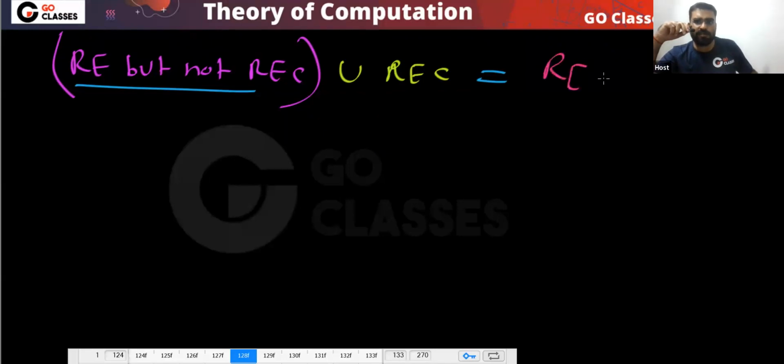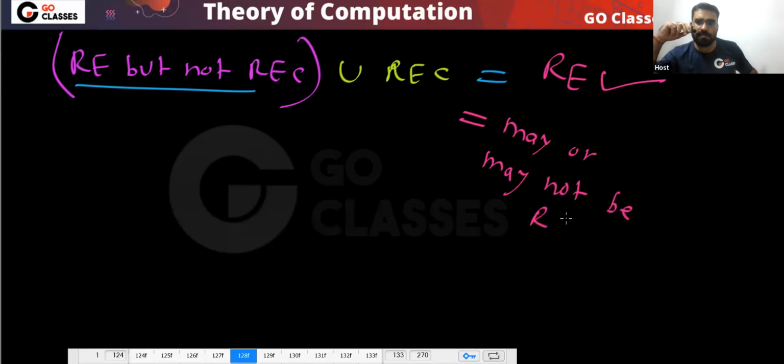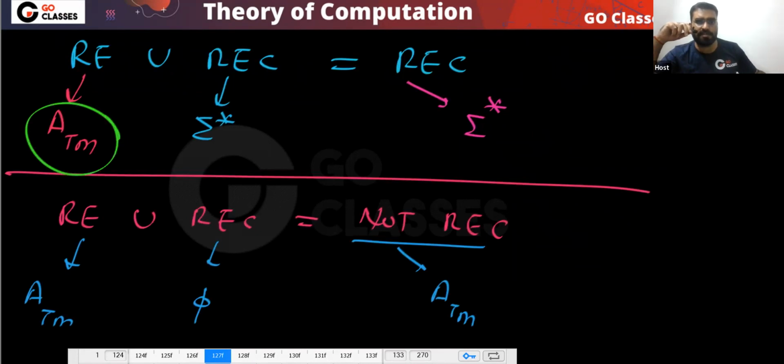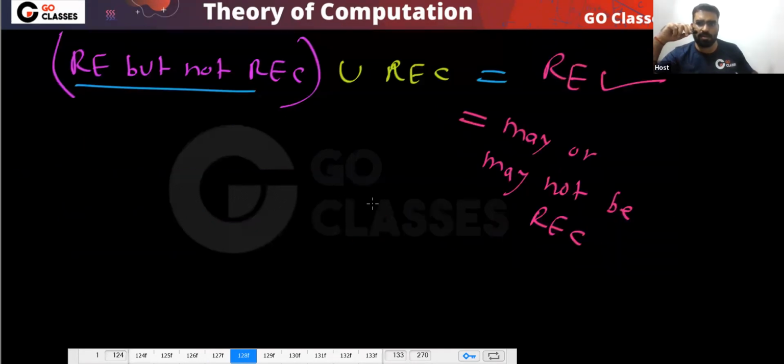You can say it is RE, that is fine, but it may or may not be REC. The same example will work, the previous examples will work, because this is RE but not REC.